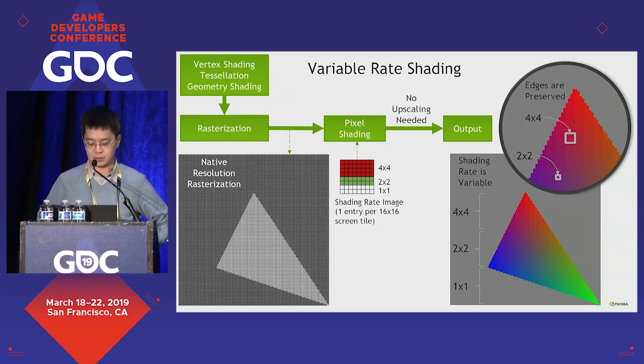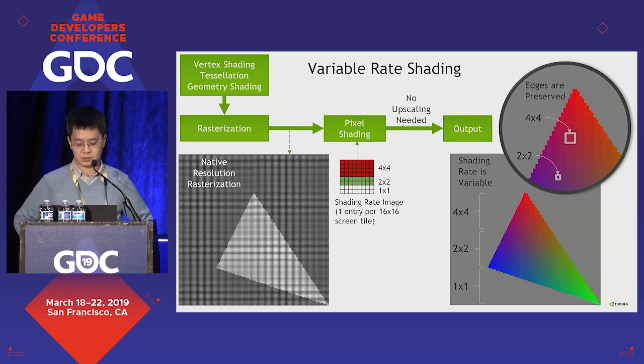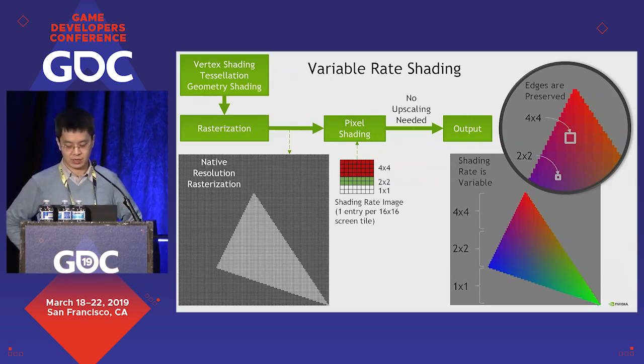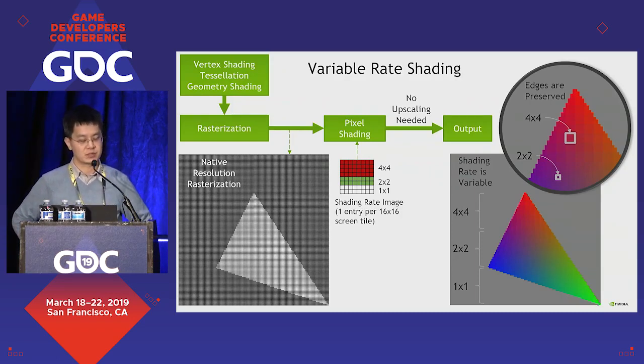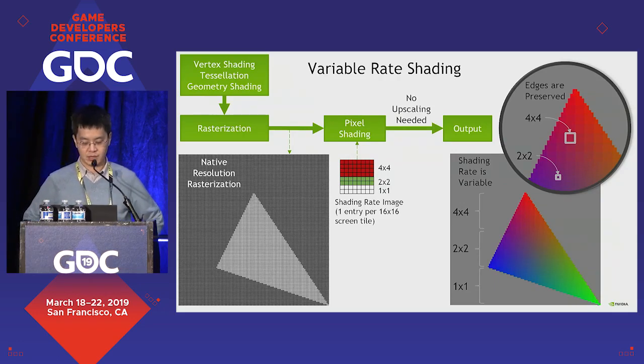In this example, the top half, which are the red tiles of the image, is set to shade once per 4 by 4 pixel block. That means we can reduce the shading rate by 16x. The green tiles are set to shade once per 2 by 2 pixel block, which means 4x reduction. And finally, the white tiles are set to shade at a native rate. There is no reduction in shading rate.